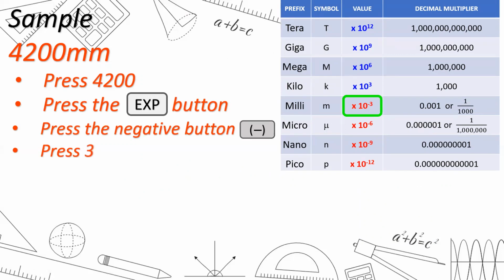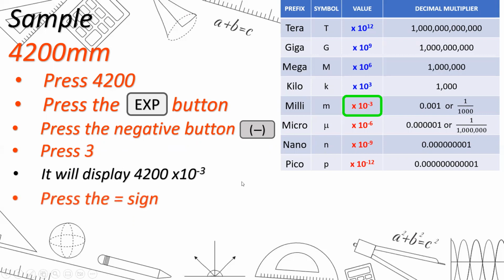Then press 3 and it will display 4,200 times 10 to the negative 3, because we all know milli corresponds to times 10 to the negative 3. So press the equal sign, then you will get 4.2, or simply 4,200 millimeter is equal to 4.2 meter.